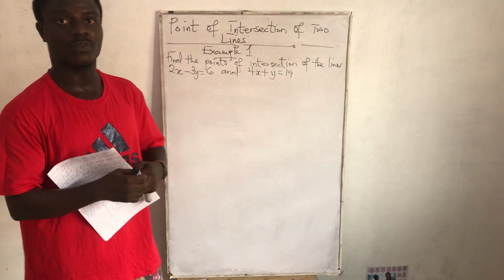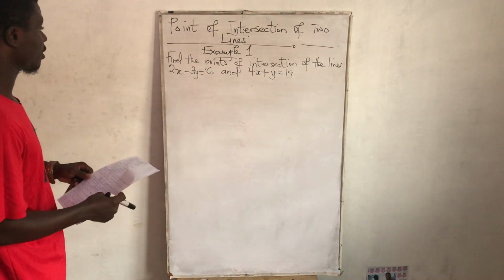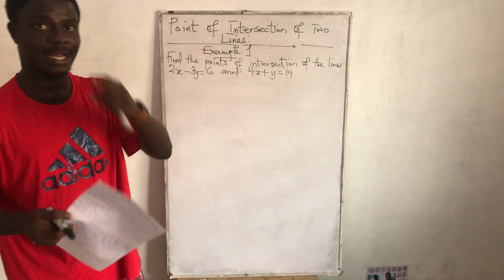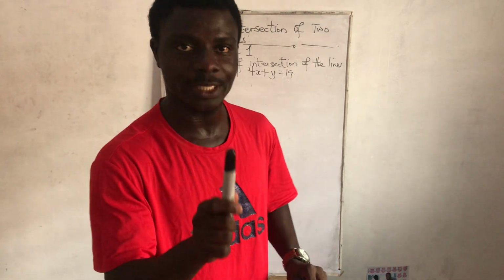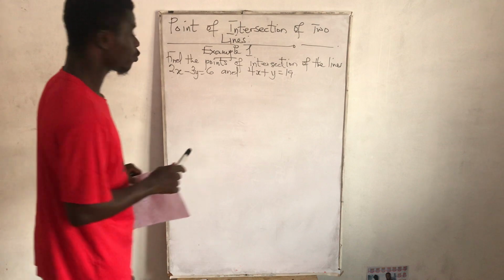So how do we find the points of intersection of these two lines? How can we calculate the coordinates of the point of these two lines?